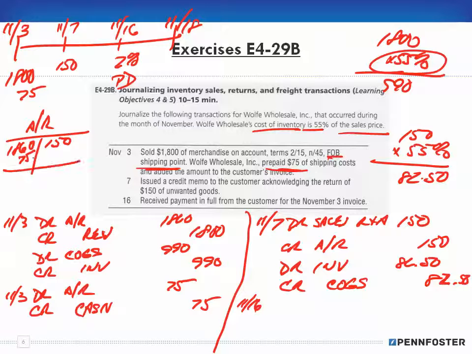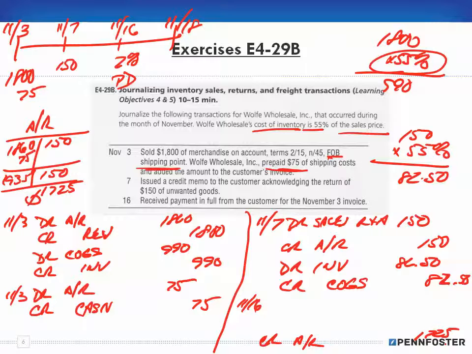That's 1935 less the 150, so the balance in that account is 1725. So I have to credit accounts receivable for 1725. That brings my accounts receivable balance to 0.